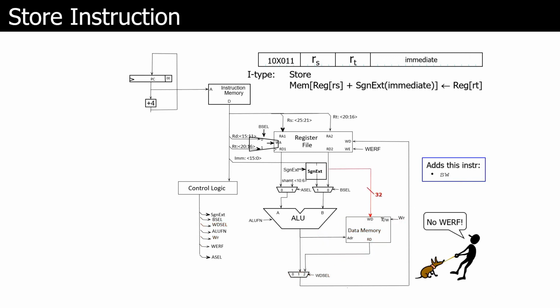Store is very similar. The only difference is now instead you have a value from a register going into data memory. And you don't need to make use of write enable register file because you're not actually writing to any registers here. You're just writing to data memory, which is different.